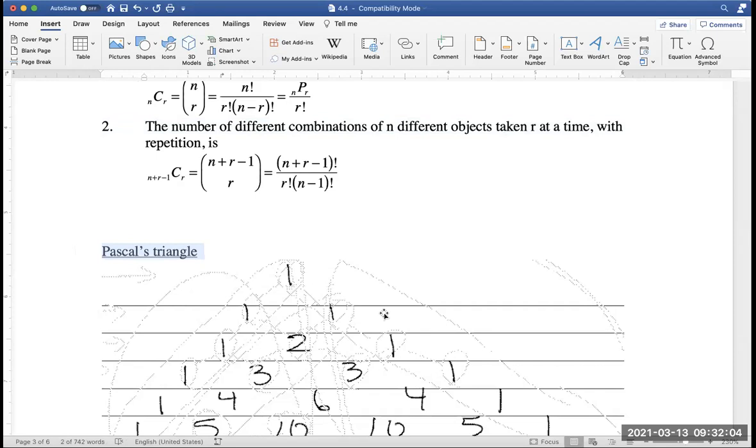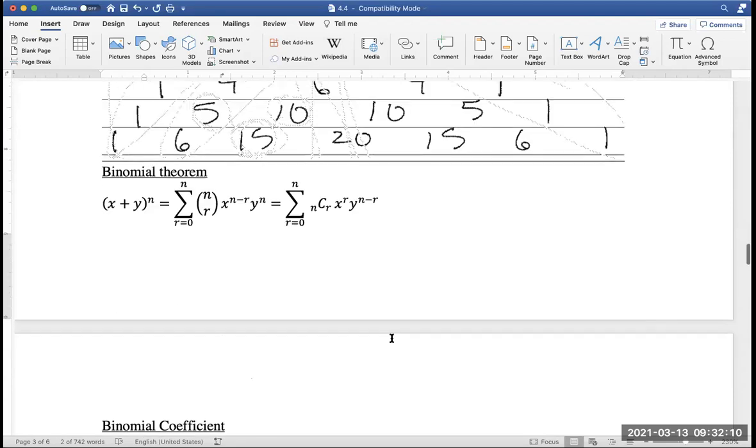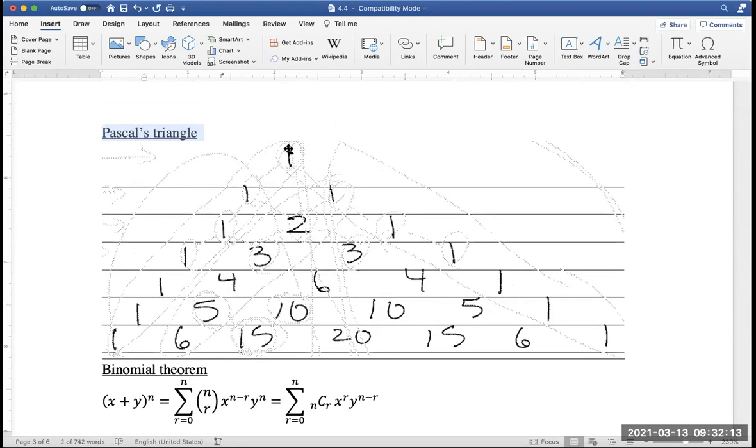Let's look at Pascal's triangle. We start out at 1, drop down to 1, drop down to 1, and then add 1 plus 1 is 2, drop down to 1. 1 plus 2 is 3, 2 plus 1 is 3, drop down to 1. 1 plus 3 is 4, 3 plus 3 is 6, 3 plus 1 is 4, drop down to 1. 1 plus 4 is 5, 4 plus 6 is 10, 6 plus 4 is 10, 4 plus 1 is 5, drop down to 1.